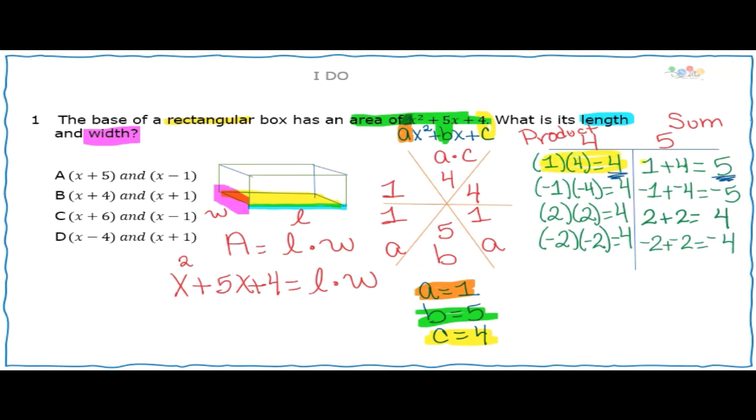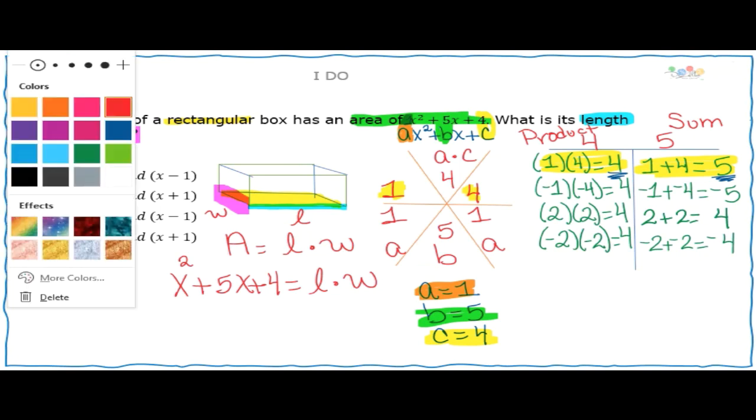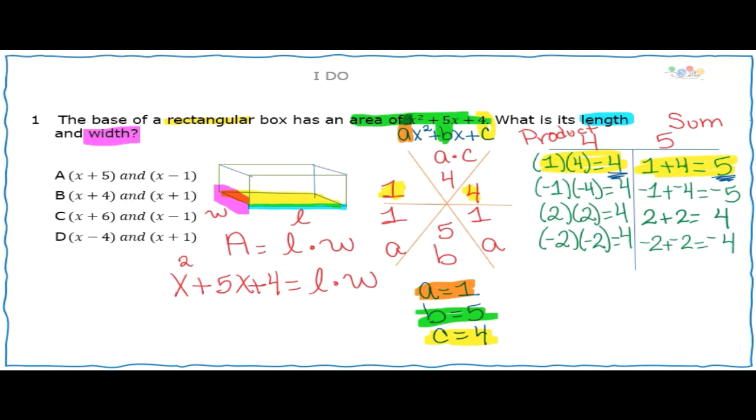These are the factors that I'm going to use. That's my 1 and that's my 4. Now I need to decide who's going to be my x. This one carries the x, and now I know that this is where my factors are going to be.